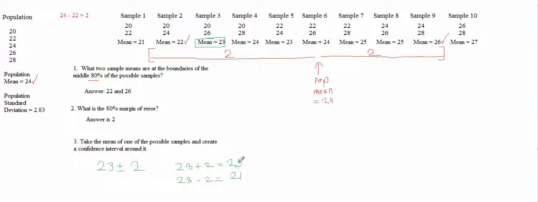Our confidence interval is 21 to 25. Confidence interval is really just the range, meaning the interval between those two numbers. It goes from 21 to 25.